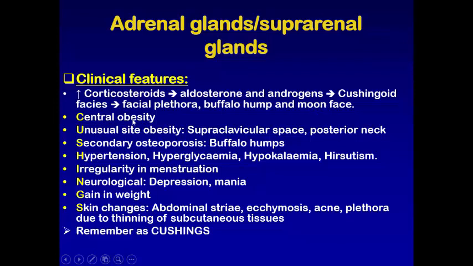So the clinical features: there is central obesity, unusual sites of obesity like the supraclavicular spaces and posterior aspect of the neck, secondary osteoporosis, which results in buffalo hump, and hypertension, hyperglycemia, hypokalemia, hirsutism, irregularities in menstruation, neurological symptoms like depression and mania, and gain in weight, and skin changes in the form of abdominal striae, ecchymosis, acne, plethora due to thinning of subcutaneous tissue.